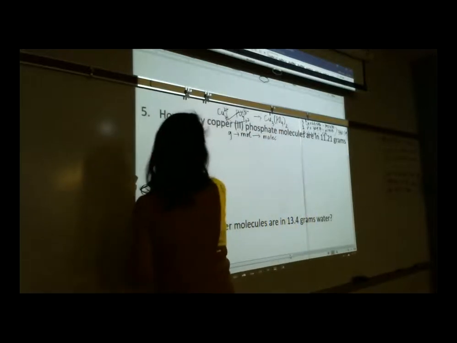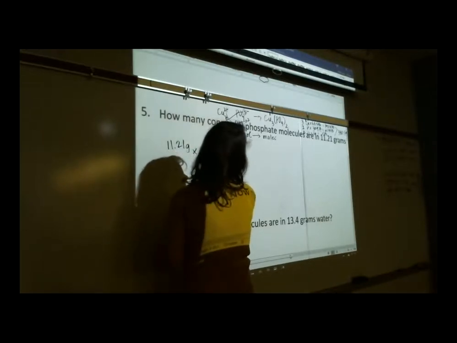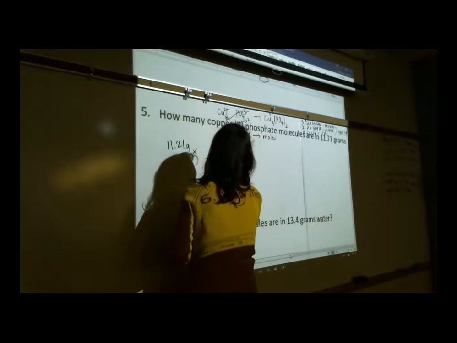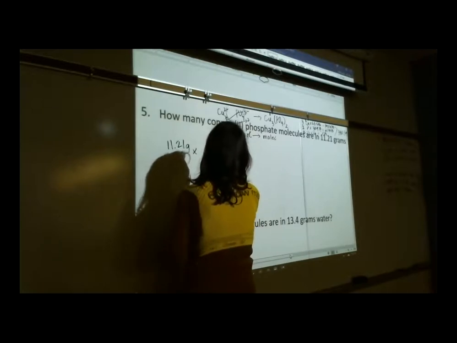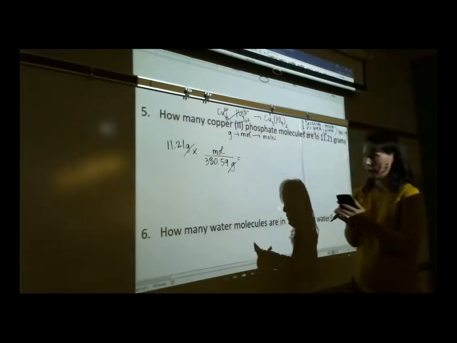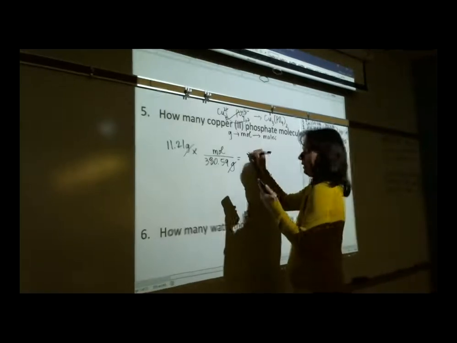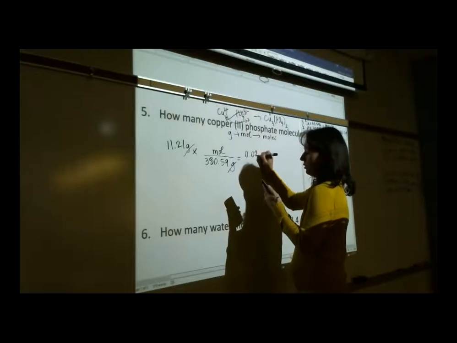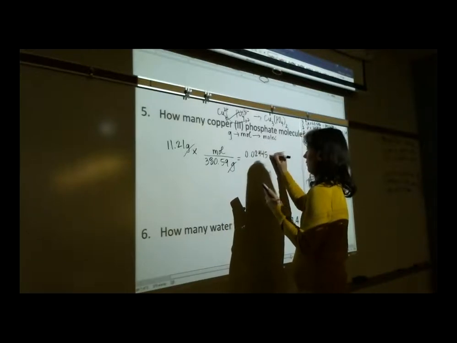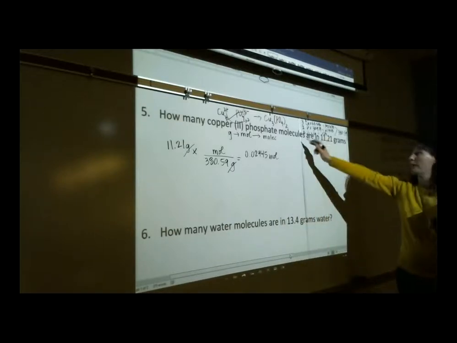Okay, so 11.21 grams times 1 mole per 380.59 grams. Okay, grams cancels. So 11.21 divided by 380.59 gives me 0.02945 moles. That's great, but I'm not done yet, right? Because the problem asks how many molecules.